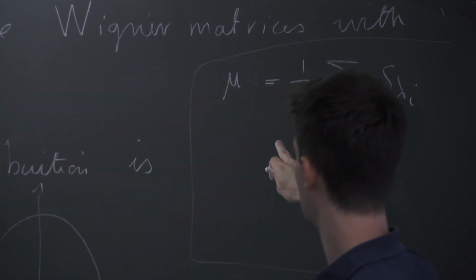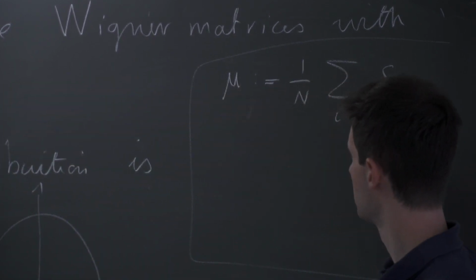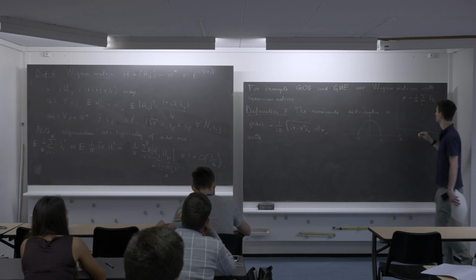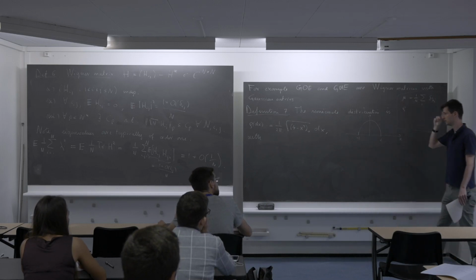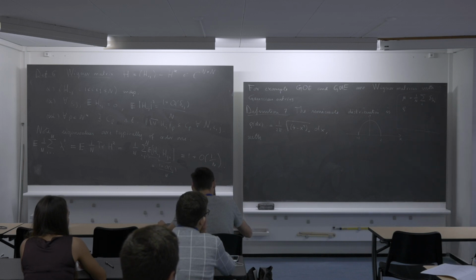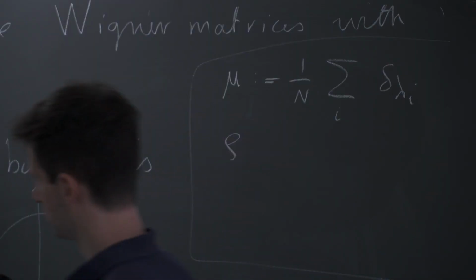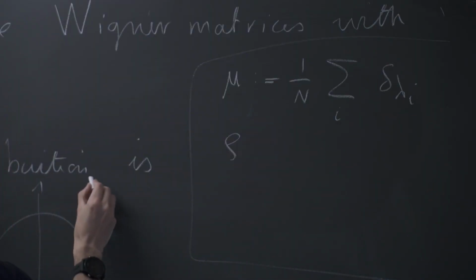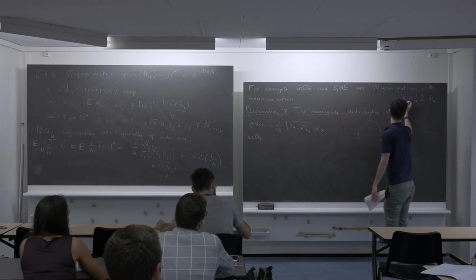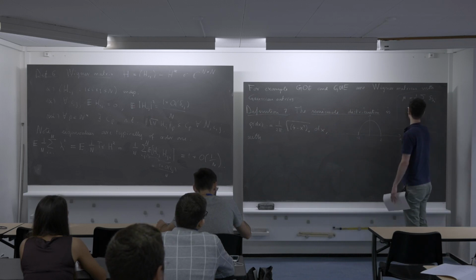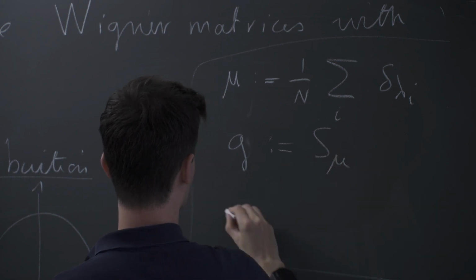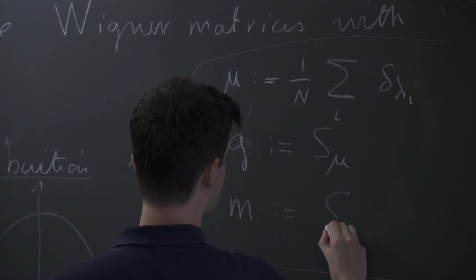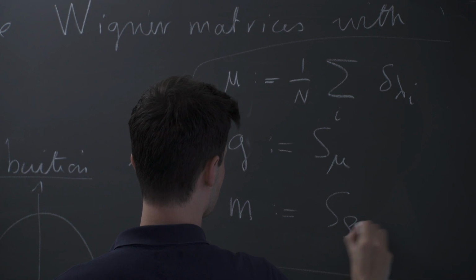So mu is now going to be a random probability measure, which is the empirical eigenvalue measure of H. And rho was whatever deterministic law I choose with density, and from now on, it's going to be the semicircle. Then we had Stieltjes transforms: G was the Stieltjes transform of mu, and M was the Stieltjes transform of rho.